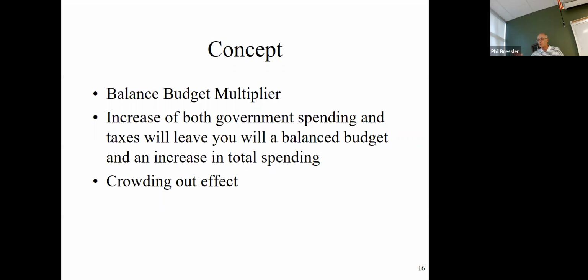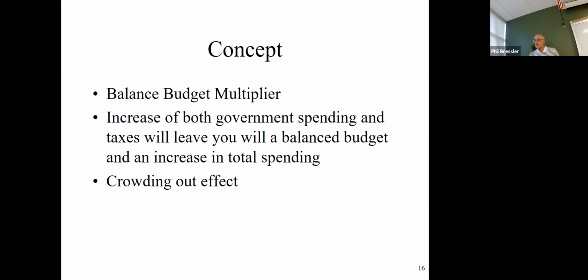But say you increase them both by 100. Aggregate demand will increase by 100. If you increase them both by 1,000, aggregate demand will increase by 1,000. So the balanced budget multiplier is whatever number is getting increased, aggregate demand will increase by that number.